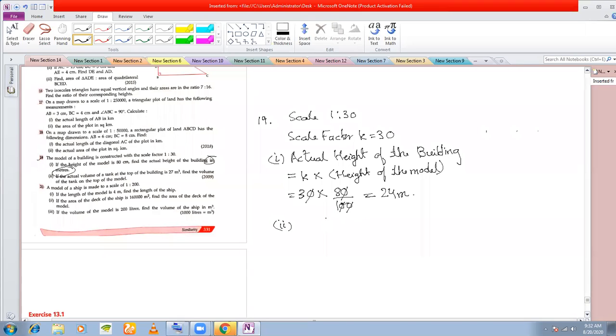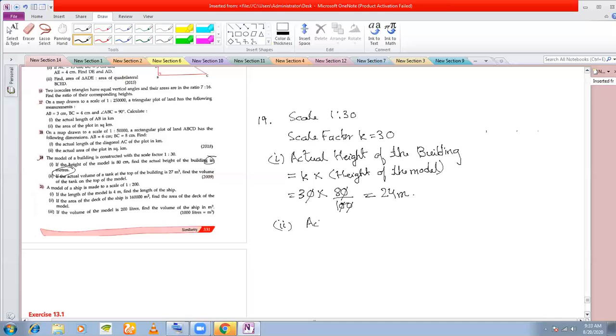And we have time for the next one. If the actual volume of a tank at the top of the building is 27 meter cube, find the volume of the tank on the top of the model. Now the volume of the model is required here, and the actual volume is given. Okay, so let's see.